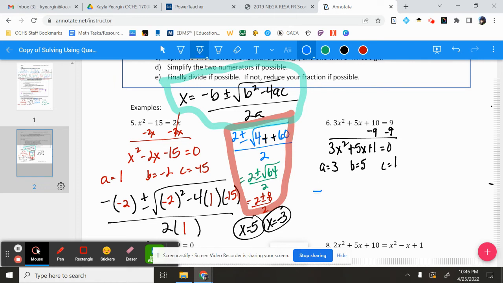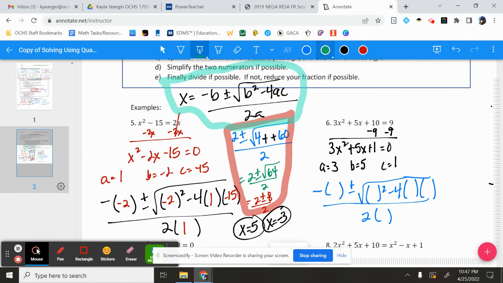Now again, I like to plug in the pieces, so negative b, and then use parentheses there, plus or minus the square root of b squared minus 4 times a times c divided by 2 times a.